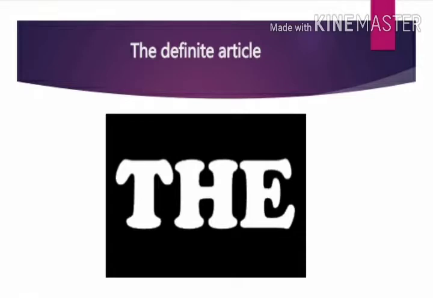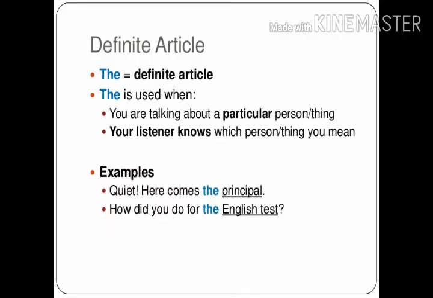Now next we will see the definite article the. We use the when we talk about a particular person or thing, or when the listener knows which person or thing you mean.